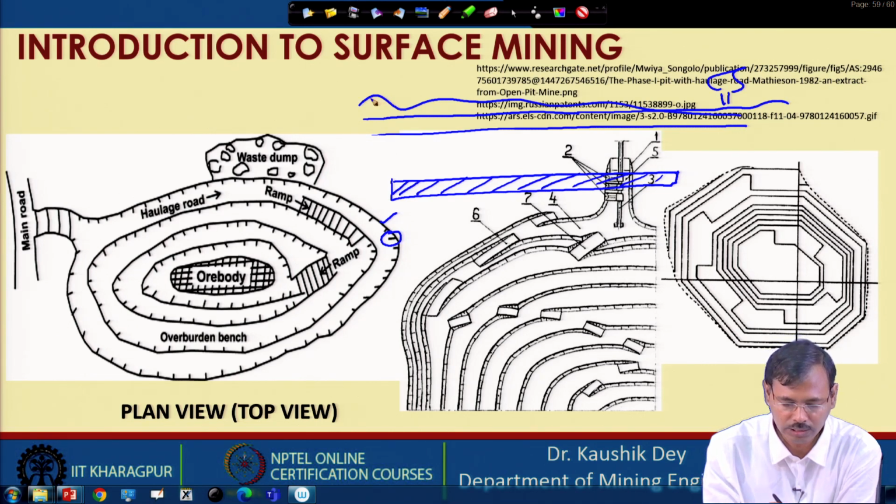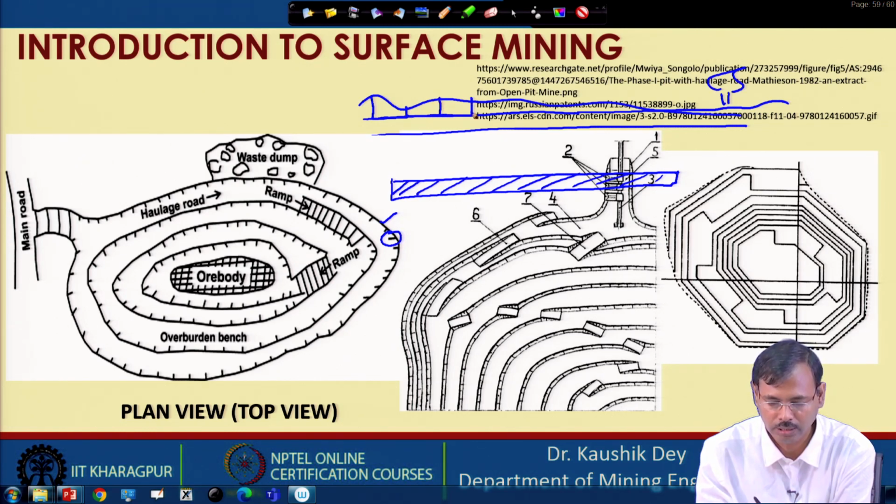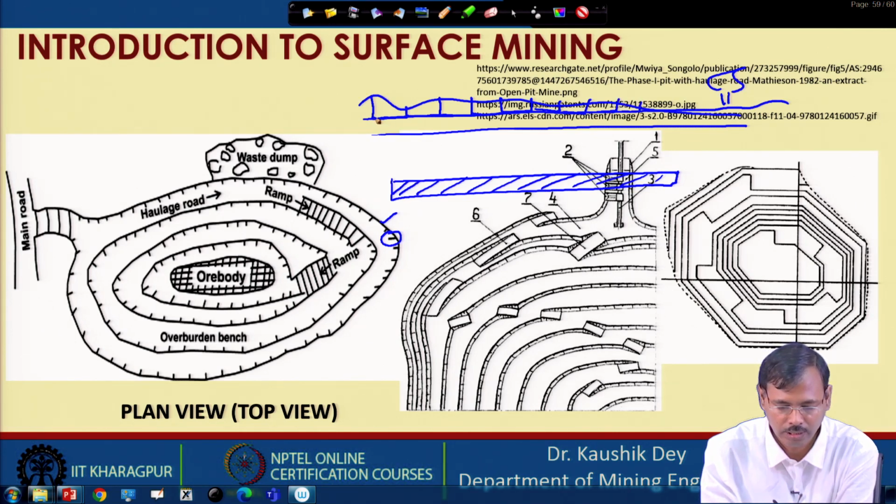We take out this slice first, then this slice, then this one, then this one. This way we excavate the slices, and at the bottom also we start excavating like this.